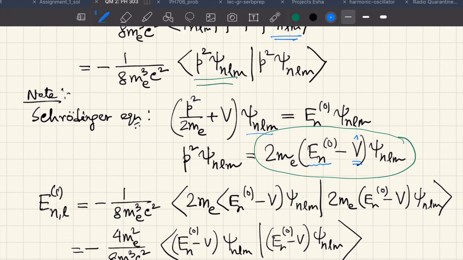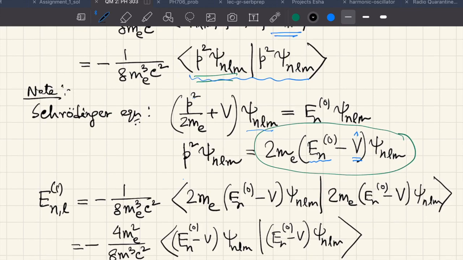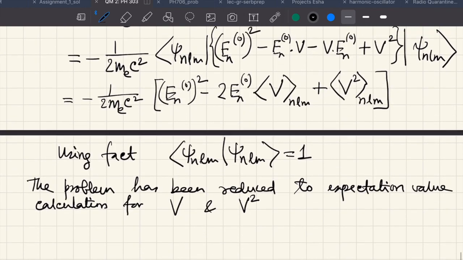So now it reduces the job. Essentially you simply put the expression of p square psi nlm into this inner product, and what you get is this object, 2me into En0 minus V psi nlm, with inner product with the same thing. So we evaluated this object, and this inner product turned out to be of this form.